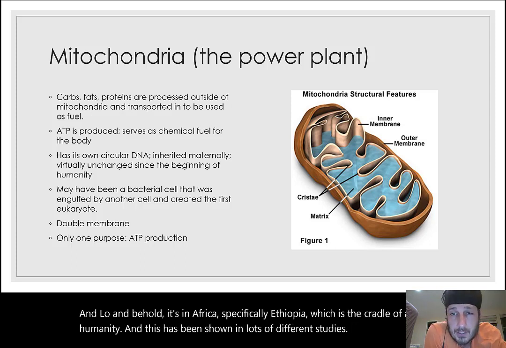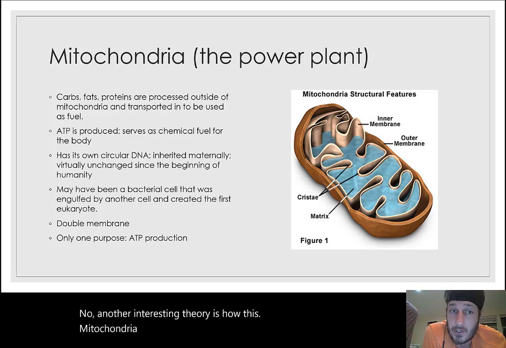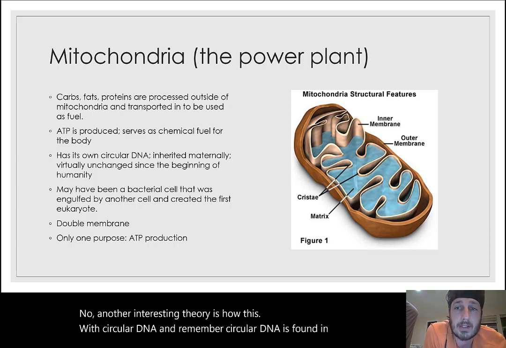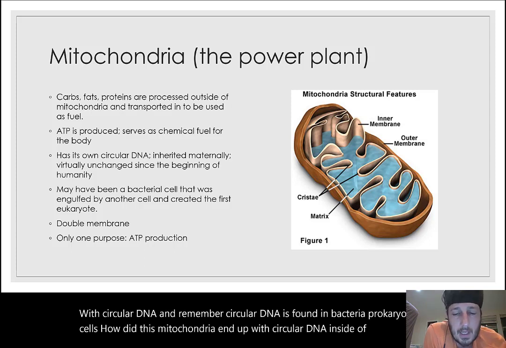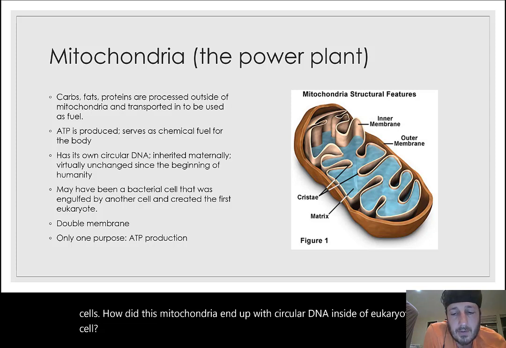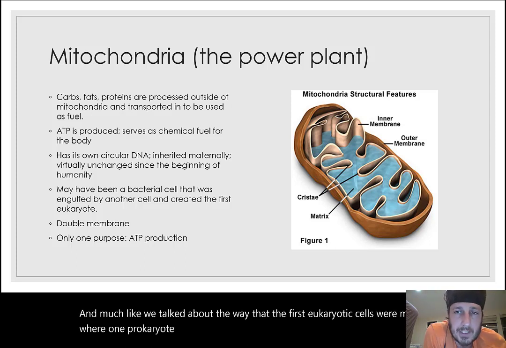Now, another interesting theory is how this mitochondria with circular DNA, and remember circular DNA is found in bacteria, prokaryotic cells, how did this mitochondria end up with circular DNA inside of a eukaryotic cell? And much like we talked about the way that the first eukaryotic cells were made, where one prokaryote engulfed another, it's believed that this happened here.